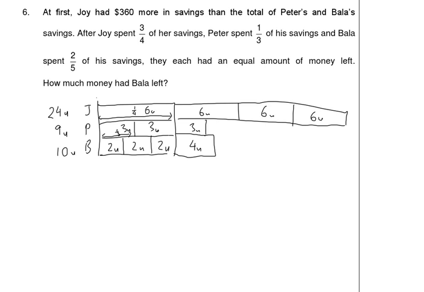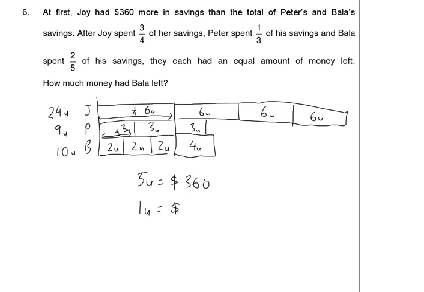So I'm comparing 24 units with 19 units. And what's the difference in terms of units, Sky? 5 units. And then Ernest, form the equation for me. 5 units equals $360.